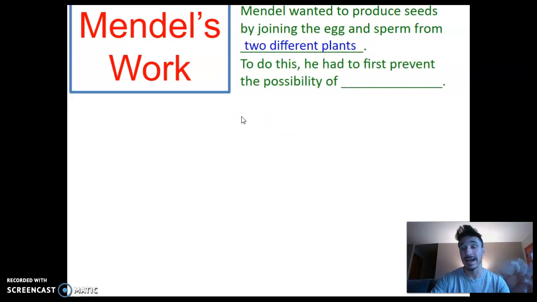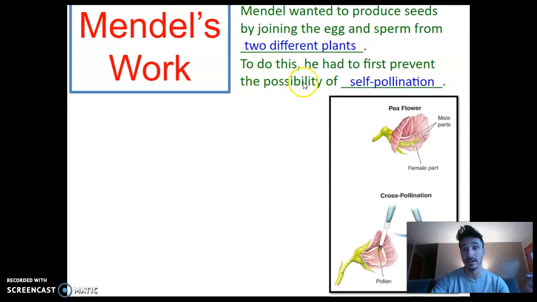So to do this, he had to first prevent the possibility of what? Correct, self-pollination. So to stop the possibility of self-pollination, Mendel would actually remove the pistil, or the male parts, from one flower and remove the stamen, the female parts, from the other.